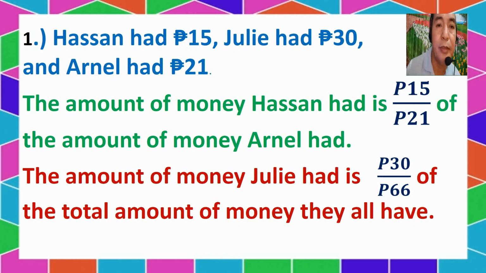So we will have a fractional presentation of 15 over 21. Now in letter D, the amount of money Julie had is 30, while the total amount of money they all have is 66. Therefore, the fractional form is 30 over 66. So that when you are to present a fraction, you have to see to it that it is presented in the lowest term. So we will have to reduce this fraction to its lowest term.